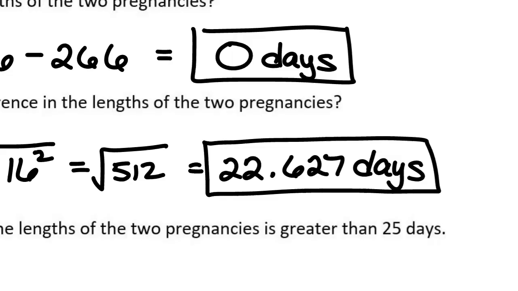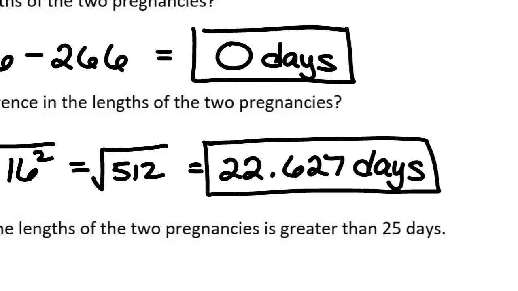They didn't ask for an interpretation of this, but I want to make sure that we understand what we just found. So if I have 2 people that are pregnant, and let's say for argument's sake, we know that they got pregnant on the exact same day, my expected difference in the days that they actually give birth is 0. I expect that if they got pregnant on the same day, they're going to have the baby on the same day.